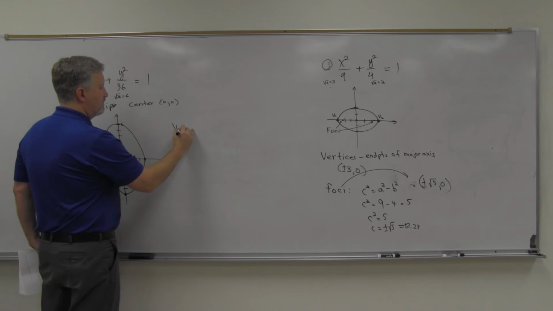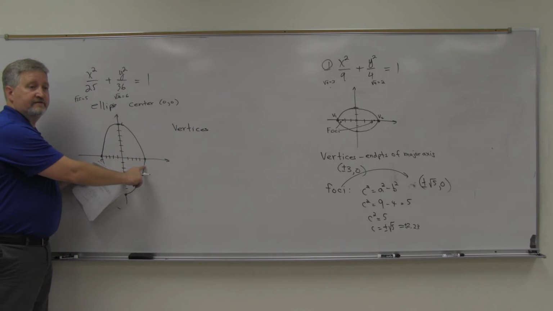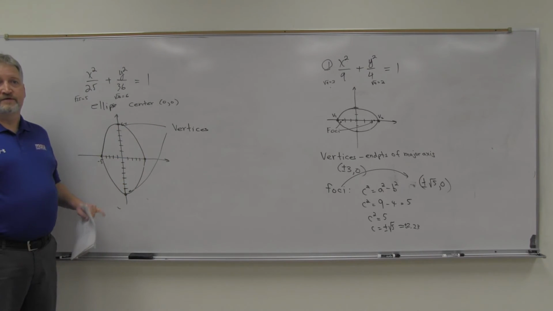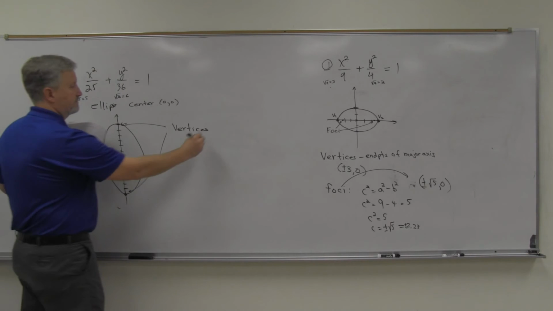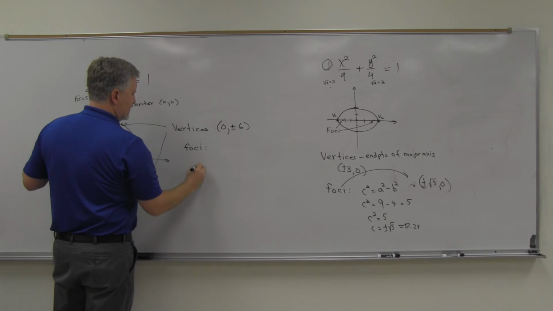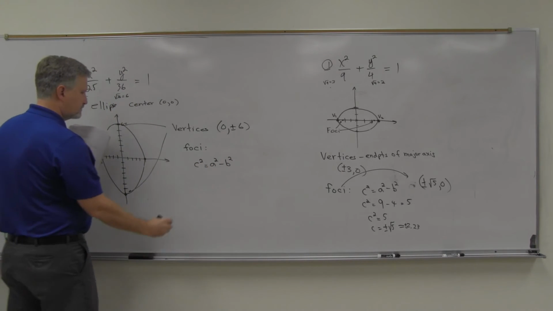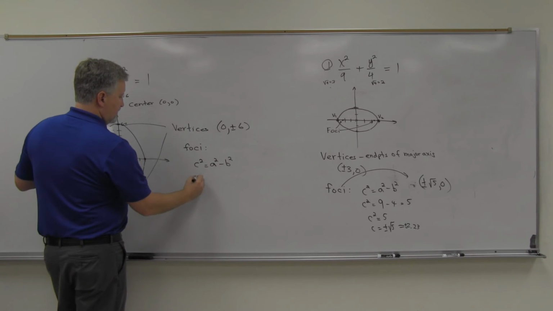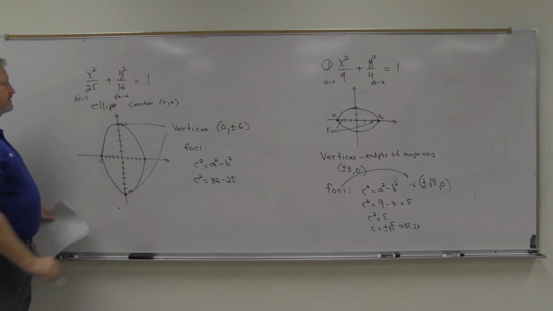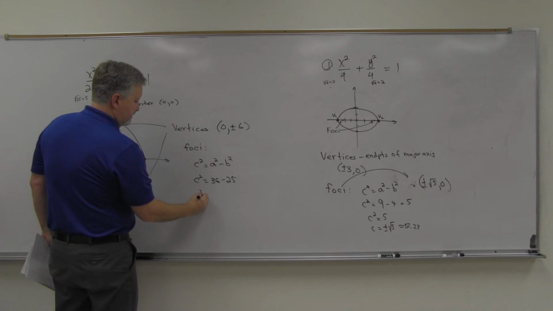All right, so vertices wise, where are the vertices now? Are these the vertices? No, these are the vertices, right? It's the major axis endpoints. So it's 0 plus or minus 6. What are the foci? Well, c squared equals a squared minus b squared for the foci. And so that's c squared equals 36 minus 25. The bigger one's the a squared, you just don't want a negative number there.